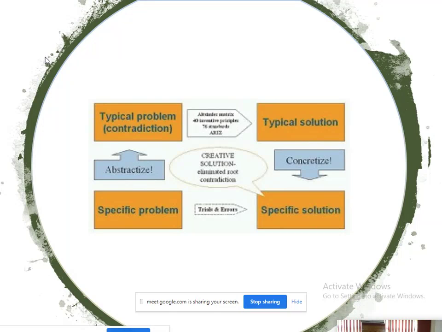Through that experimentation you will come to know whether you are able to get the result or not, and after the final experimentation, when you get the result, you can go for the prototype. Then you get a typical solution, and then a specific solution. So they have given trials and errors; ultimately, I am talking about the experimentation.